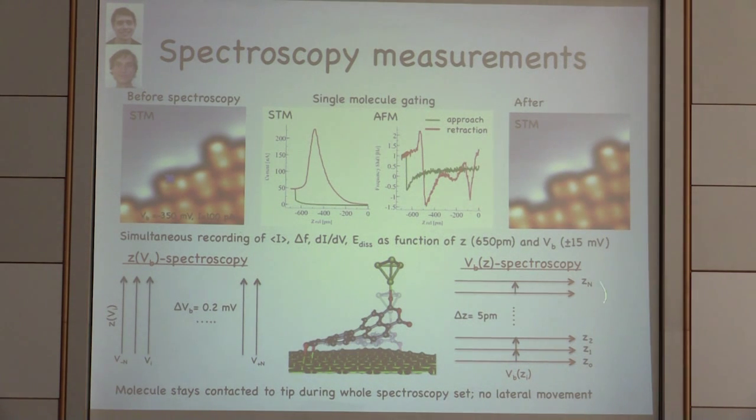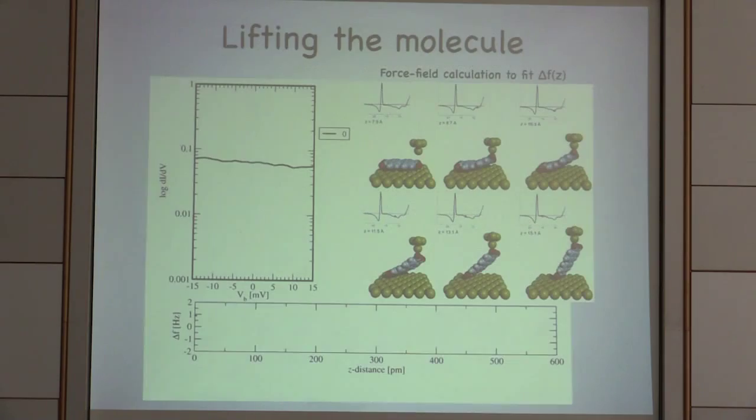For this reason we can also do another procedure: we contact the molecule, start to pull off, stop at each Z distance, ramp the bias voltage and measure with the lock-in technique. So these are two different approaches to these spectroscopies.